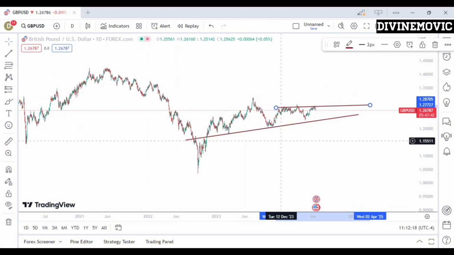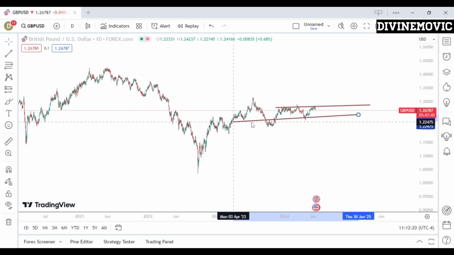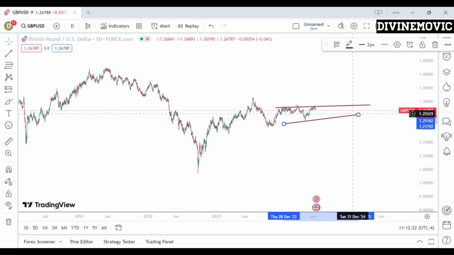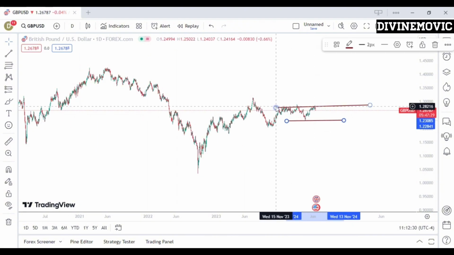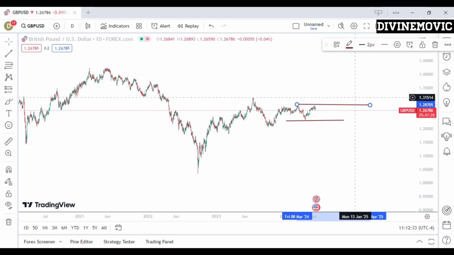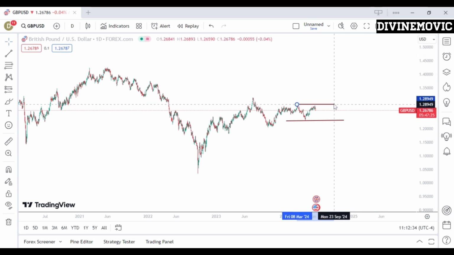So this is our key level here, and this is our support key level. For every support key level, there's always a resistance key level, and for every resistance key level, there's a support key level. So this is support, and this is resistance. We have identified our support key level and our resistance key level.